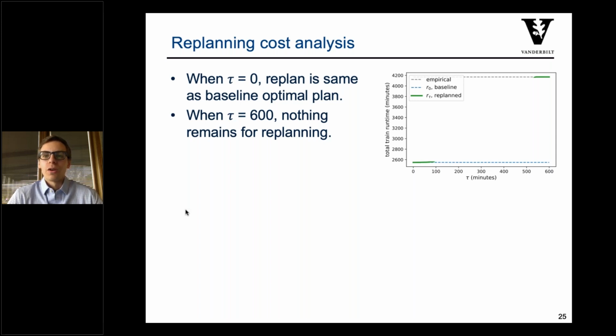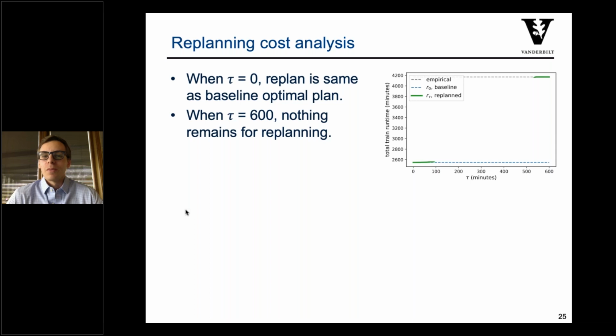We're still in our initial network state, and the baseline optimal plan is still perfectly feasible. It may be difficult to run, but assuming we have all the constraints right, the optimal plan is possible. And then when we've evolved the network to the end of the dispatching time window, in this case we use tau equals 600, 10 hours into the future.